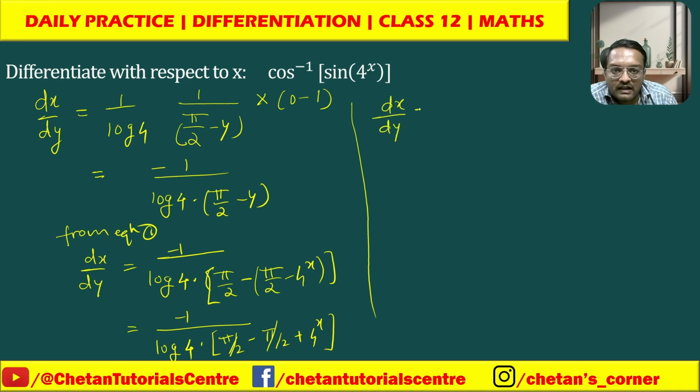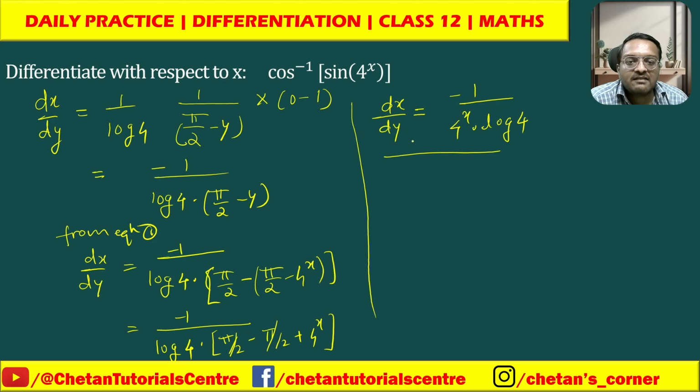Dx by dy is equal to minus 1 upon 4 raised to x into log of 4. Now once we get the value of dx by dy, we will use the theorem of derivatives of inverse function.